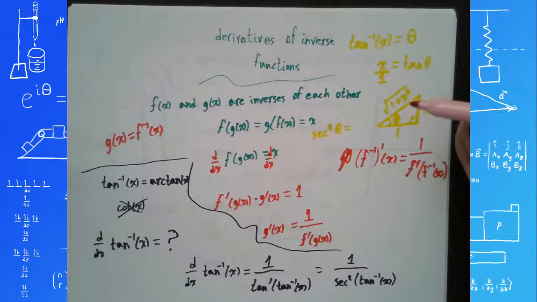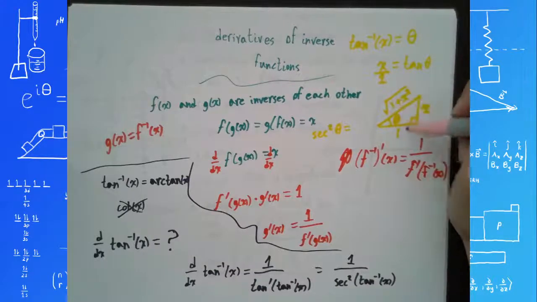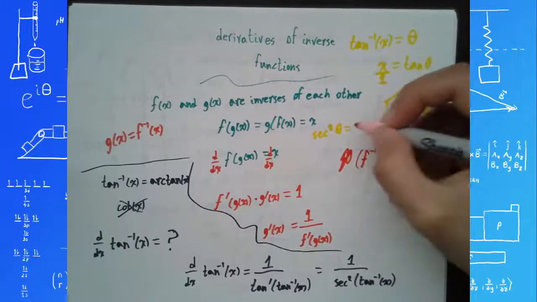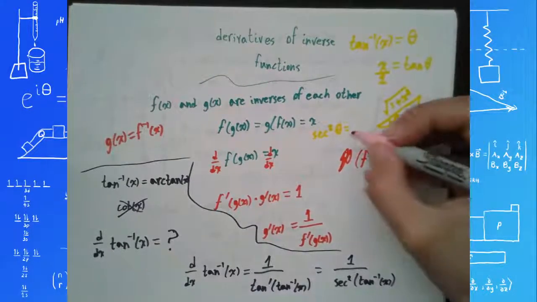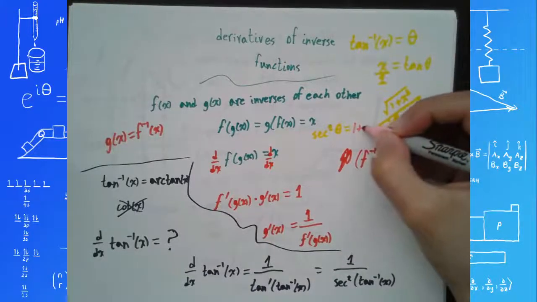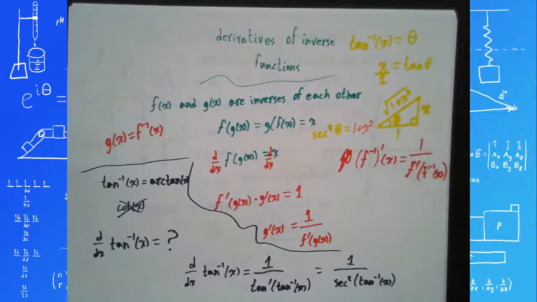It would be 1 over cosine squared. Cosine is adjacent over hypotenuse, so secant is hypotenuse over adjacent: the square root of 1 plus x squared over 1, which is the square root of 1 plus x squared. And then it's the secant squared, so you just undo the square root. Secant squared is 1 plus x squared in this case.